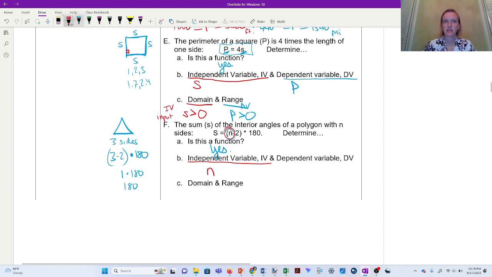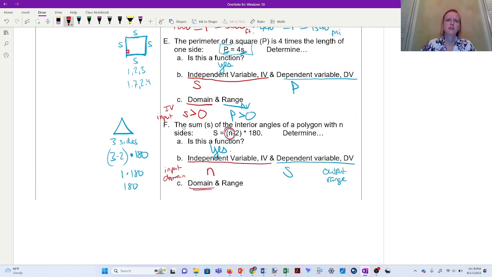On the other hand, the output value, the thing that depends on the number of sides, is that sum of interior angles. So once again, the output values have to do with our range, and our input values have to do with our domain. So what's our domain and what's our range in this problem?